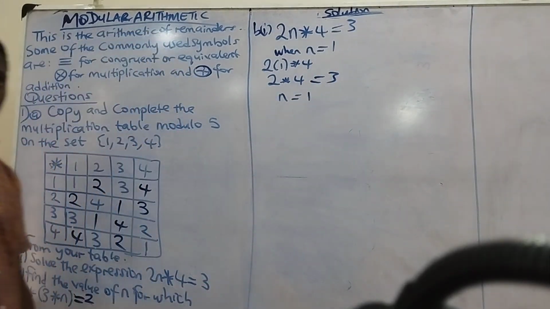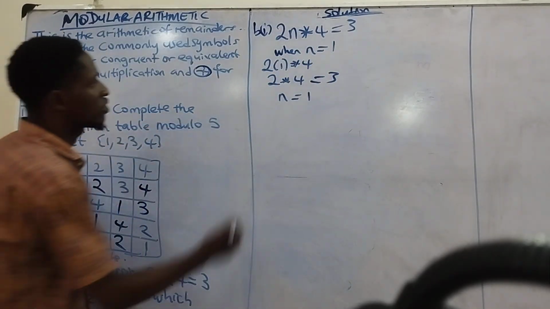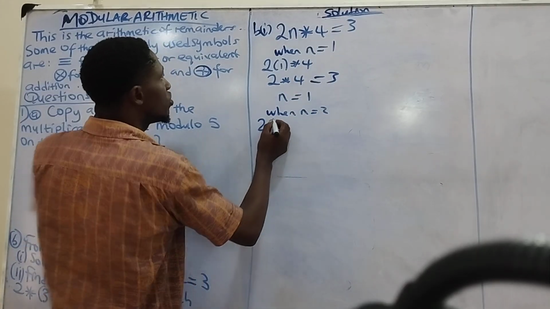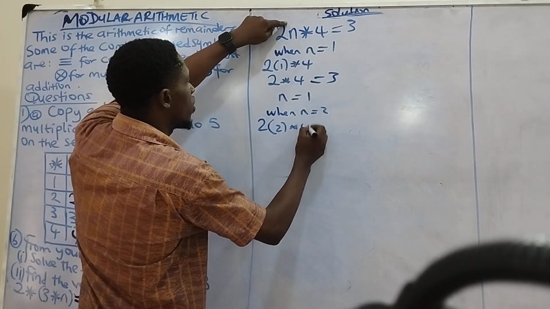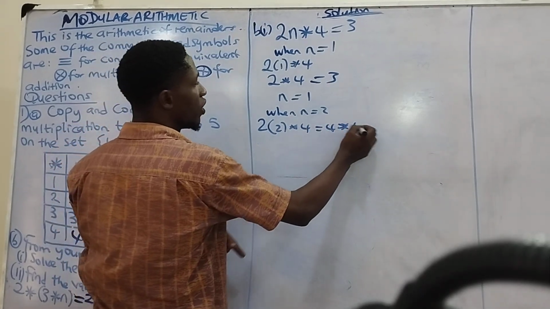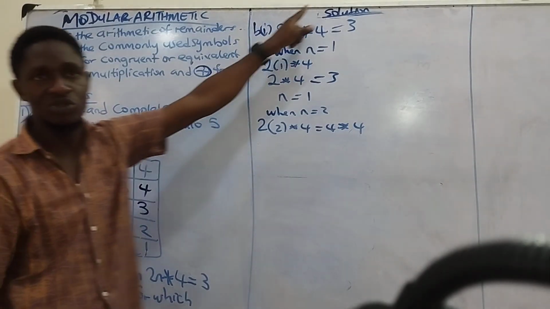Can you see that now? It met the condition that was here. Okay, let's try other ones. When n is equal to 2, this is like 2 times 2, times 4. 2 times 2 is 4, times 4. What is 4 times 4? We have 1, and 1 is not here.